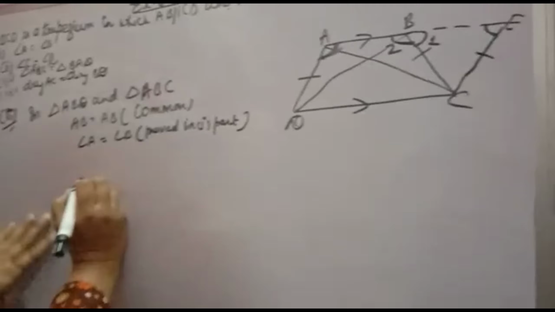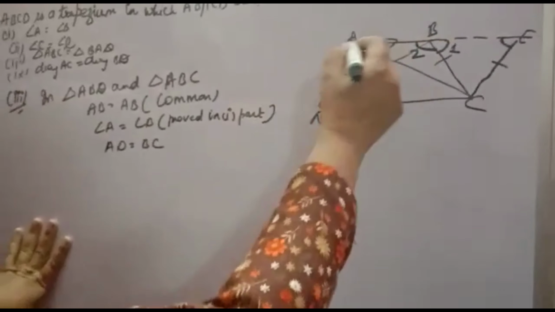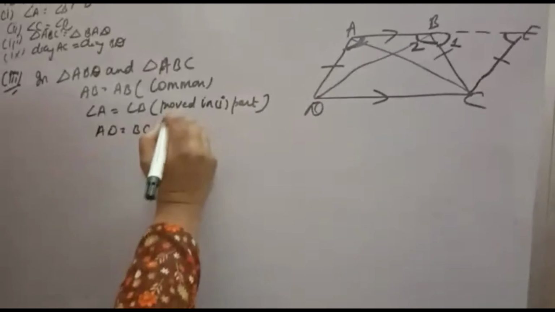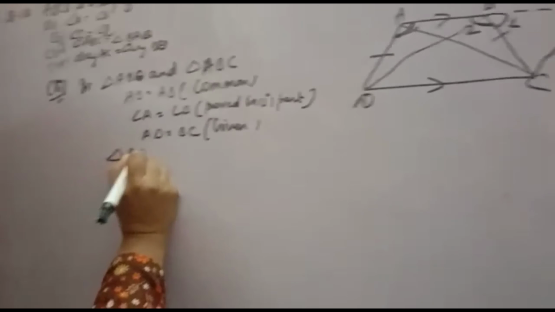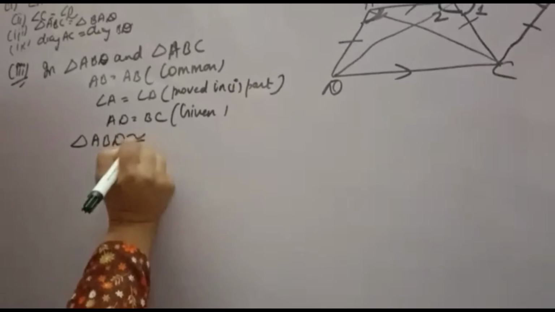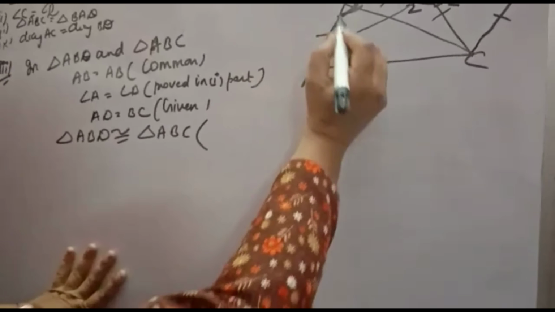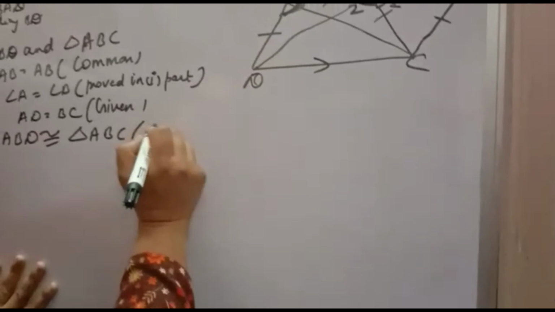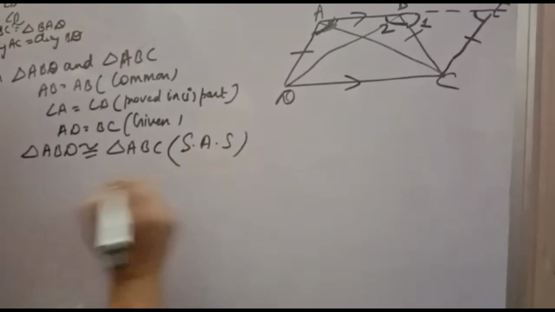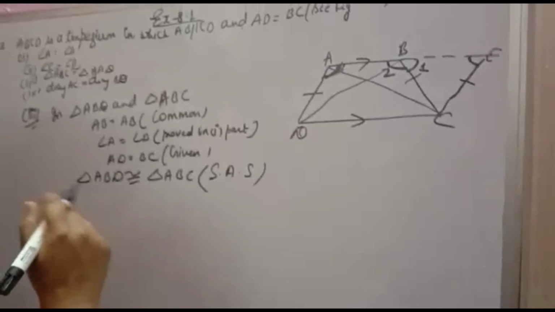Third thing, AD is equal to BC, because AD is in triangle ABD and BC is in triangle ABC. So you write given. Therefore, triangle ABD is congruent to triangle ABC by SAS: two sides and the angle contained by both equal sides. Now the fourth part.